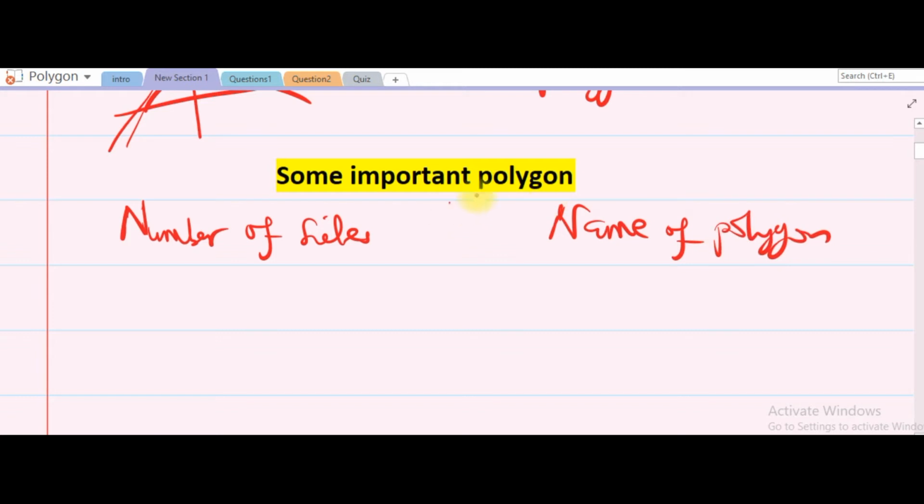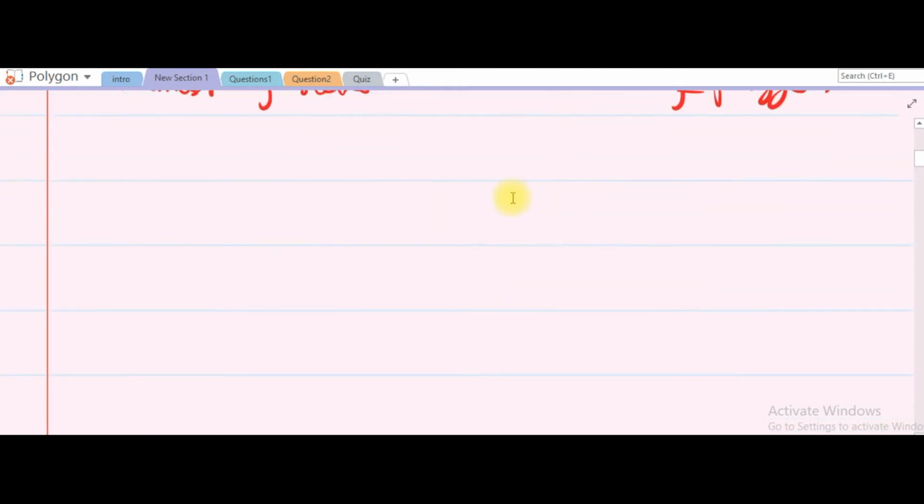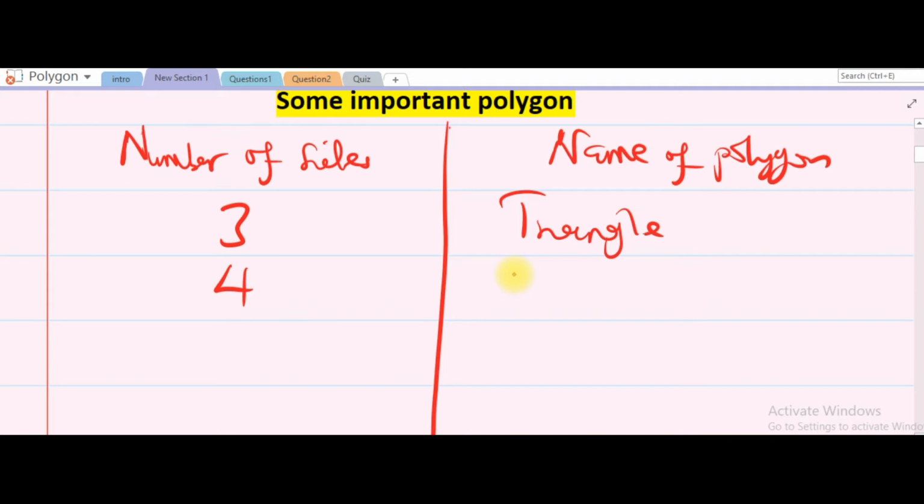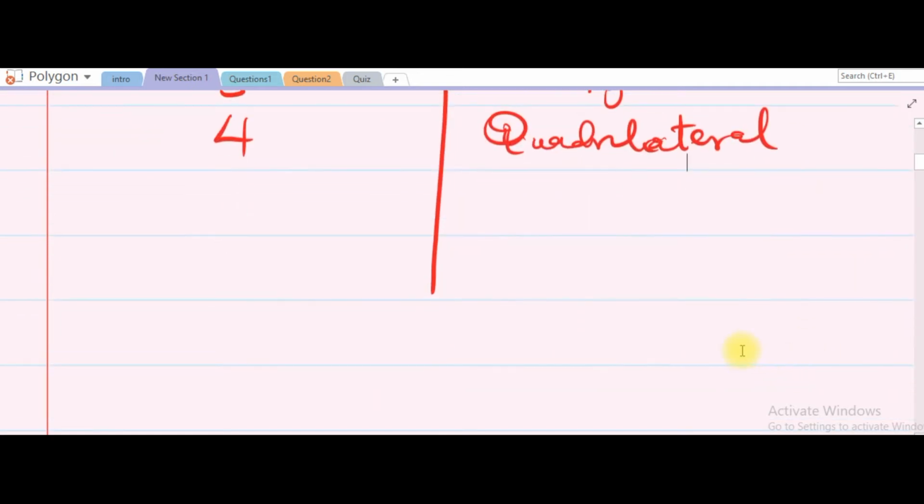We name polygons based on the number of sides. The first one here is the three-sided polygon, which is a triangle. The second one is a quadrilateral, which is a four-sided polygon.